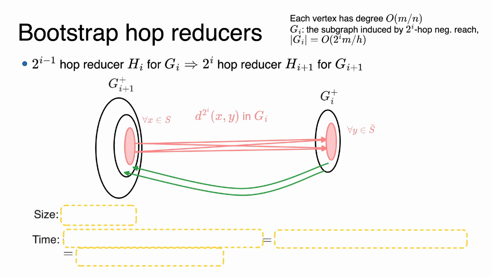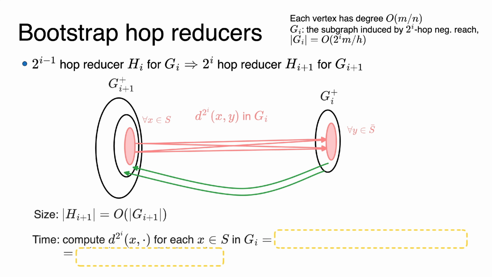We simply adopt a similar construction, so we shortcut the layer graph. The size of this graph is dominated by the size of Gi plus 1, so the left-hand side. And to construct this hop reducer, we need to know the distance from each negative vertex in the graph Gi.